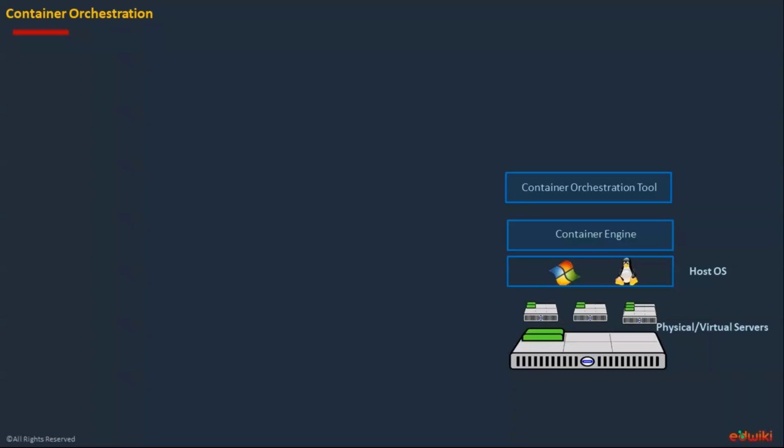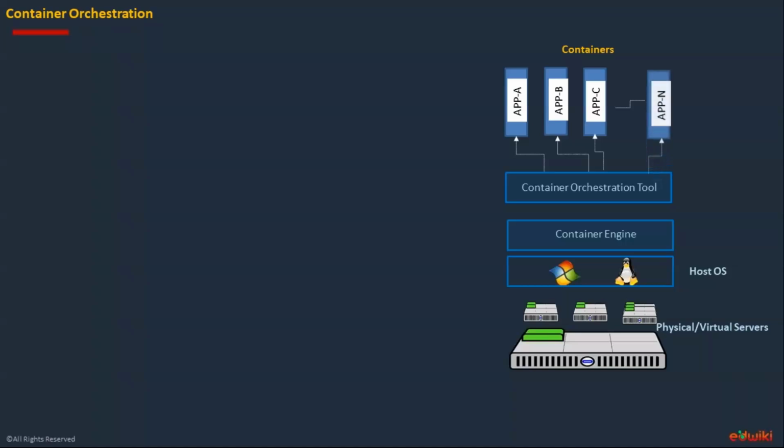I'm going to install the orchestration engine, and on top of the orchestration engine, I'm going to create my containers. Are we good with this? I'm just putting one more layer of software on top of the container engine, nothing new here.